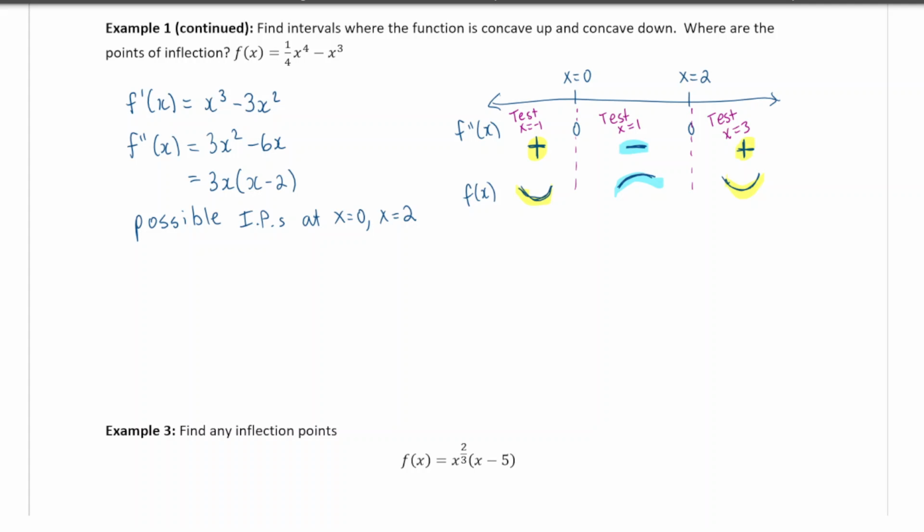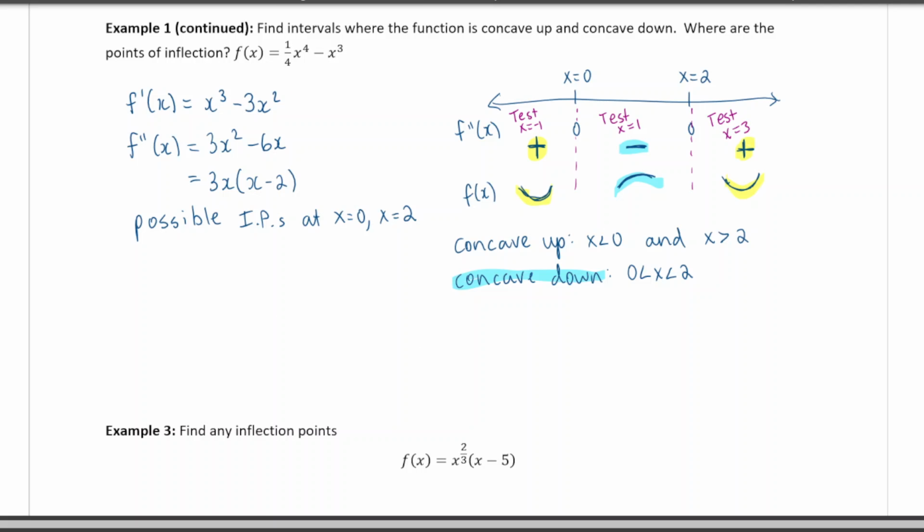Okay, so I'm concave up for x less than 0 and x greater than 2. Concave down for 0 less than x less than 2, right? In between those two regions in the blue zone there, okay?